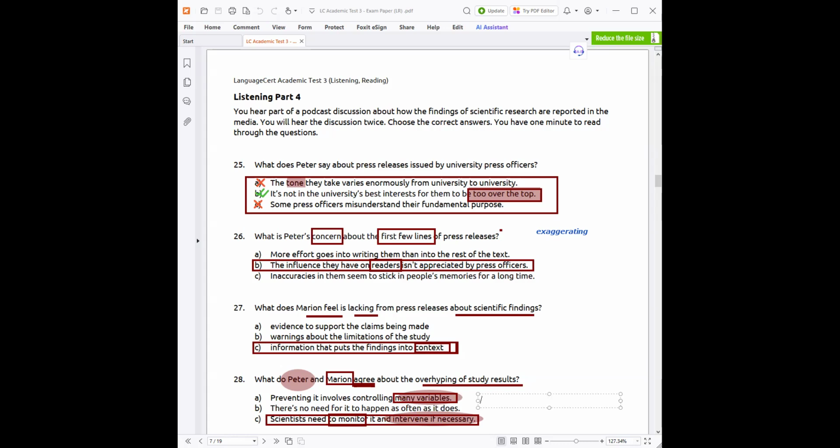If I recall correctly, they talked about scientists, press officers, and then journalists. All these entities are involved in controlling what is being hyped and what is not. So your answer becomes A. Why? Because they never agree on this part of the statement, to intervene if necessary.